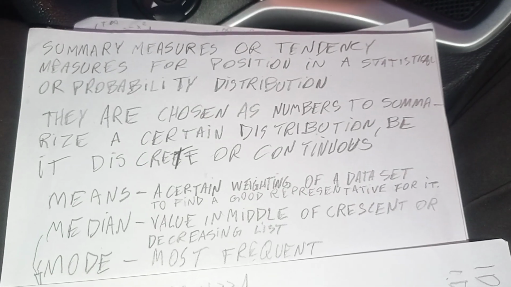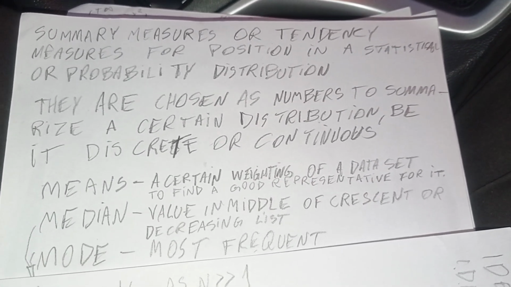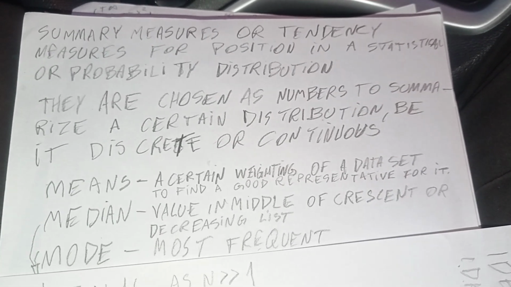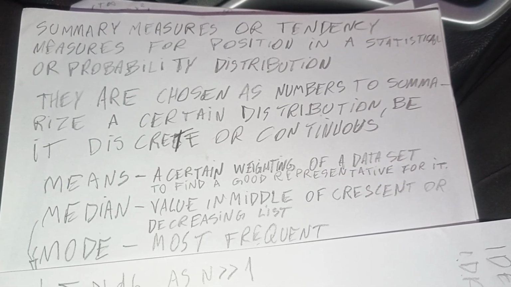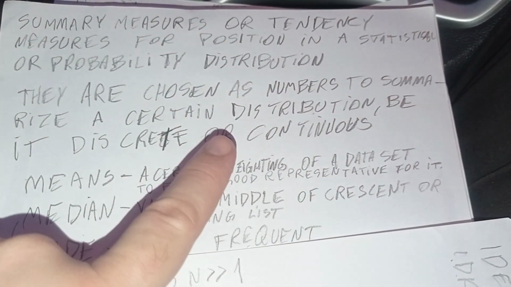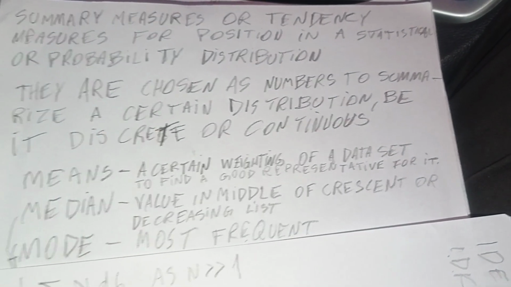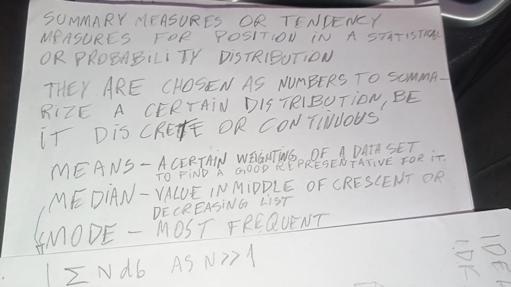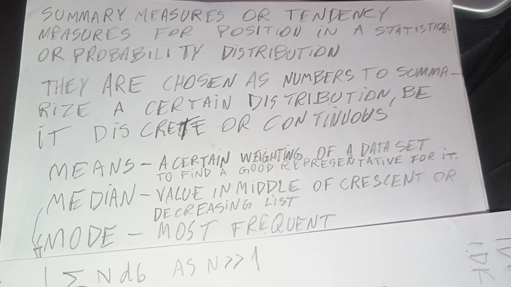So, what are measures of tendency, or of position, or summary measures? They are representatives of a given statistical or probability distribution. They are numbers that are chosen to summarize a certain distribution, be it discrete or continuous, and there are many numbers that can do that part.